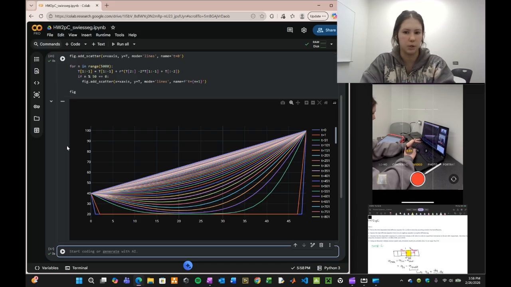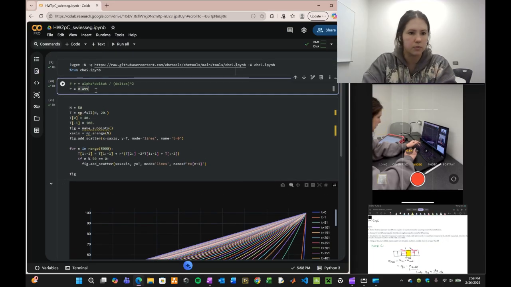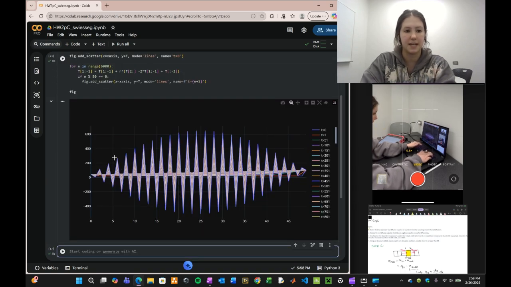There's not really any noticeable difference. But if you go to 0.501 maybe, you can see it becomes extremely unstable. And we will look into why that is, looking at part 4 using the von Neumann stability analysis.